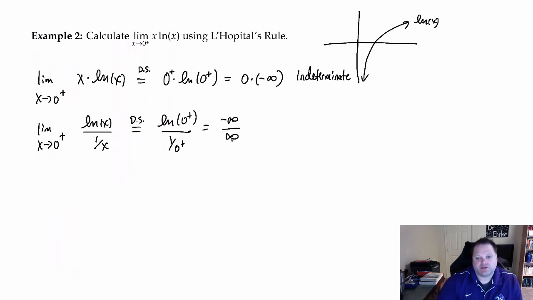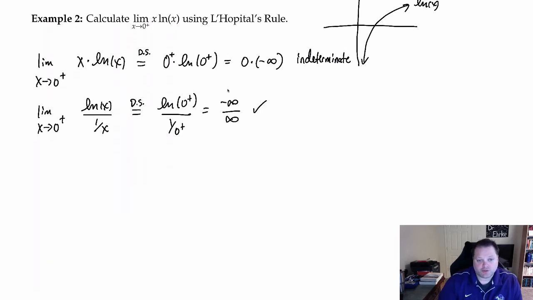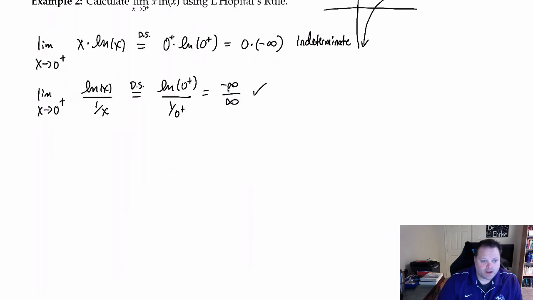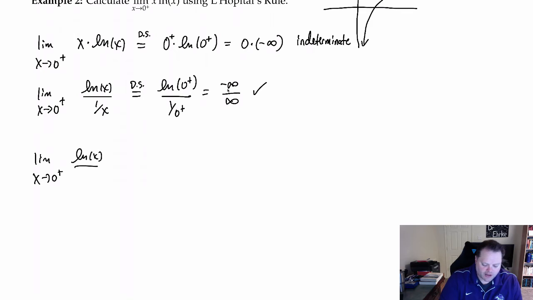So this is an infinity over infinity type, and that is the correct type to use L'Hopital's rule on. So if I'm going to apply L'Hopital's rule here, I have got to use the correct form, which I now have. So L'Hopital's rule says take the derivative of the top, the derivative of the bottom, and recalculate the limit.